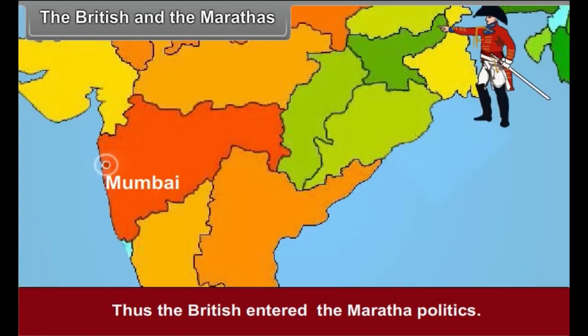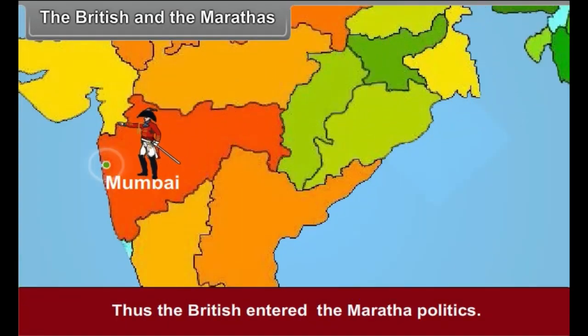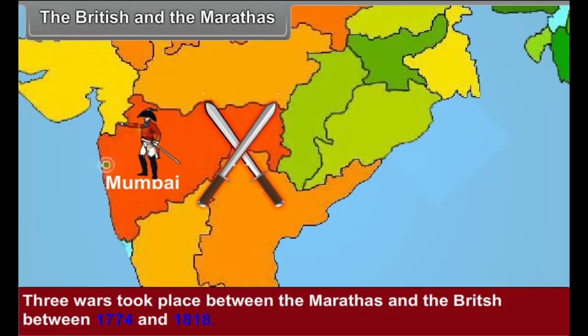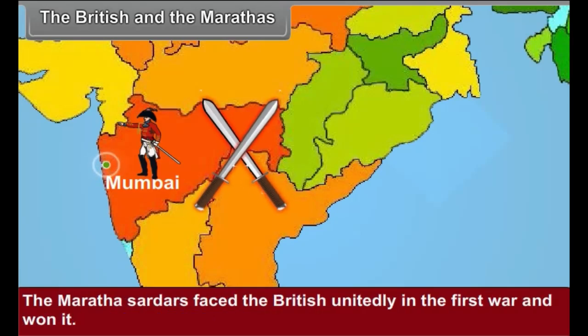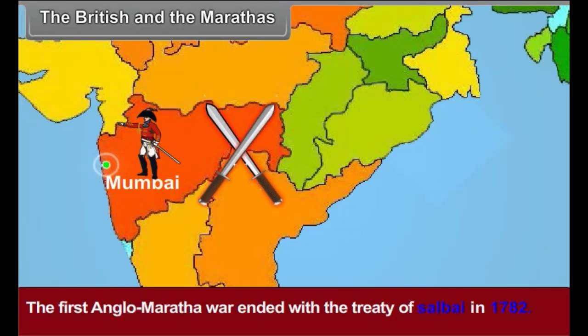Thus, the British entered the Maratha politics. 3 wars took place between the Marathas and the British between 1774 and 1818. The Maratha Sardars faced the British unitedly in the First War and won it. The First Anglo-Maratha War ended with the Treaty of Salbai in 1782.